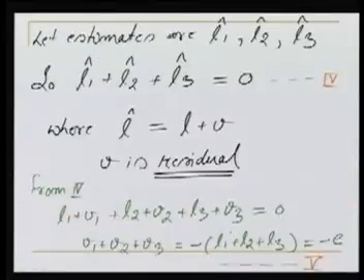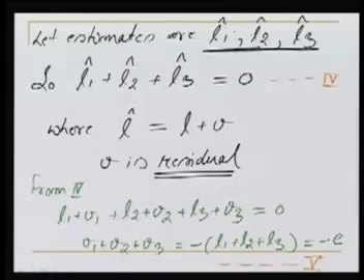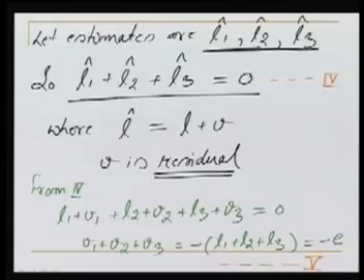Because we denote the estimates by hat, L1 hat, L2 hat and L3 hat are the estimates. Finally, our estimates also should satisfy this: the sum of L1 hat, L2 hat and L3 hat should be equal to 0, because our desire is that they should satisfy the functional model.